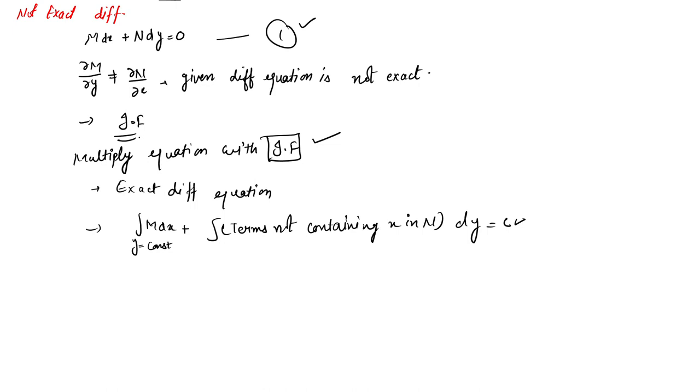So we will start with the first method. Suppose that your equation M dx plus N dy equals 0, where your M and N are homogeneous in x and y. What does it mean?